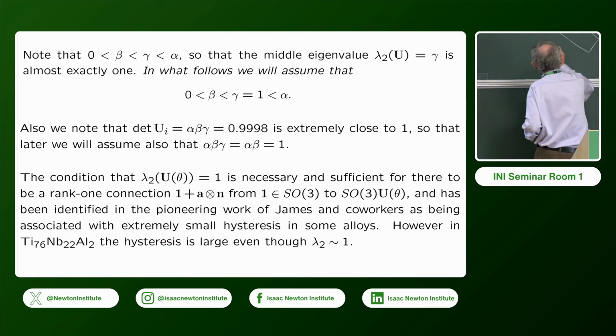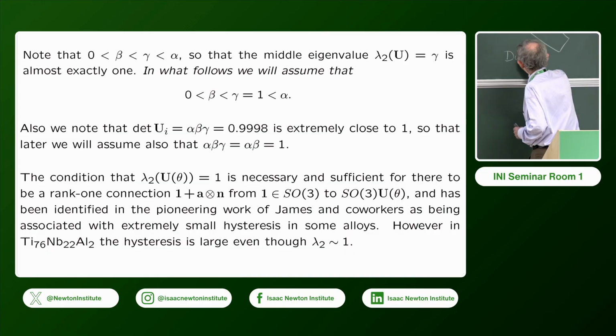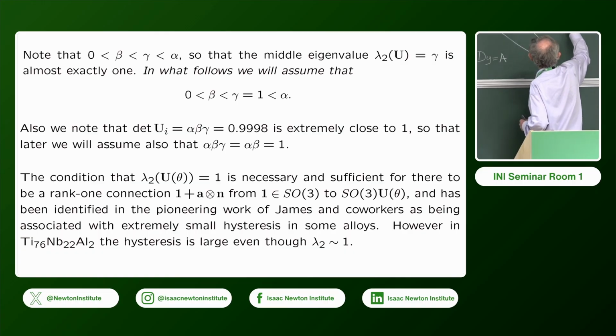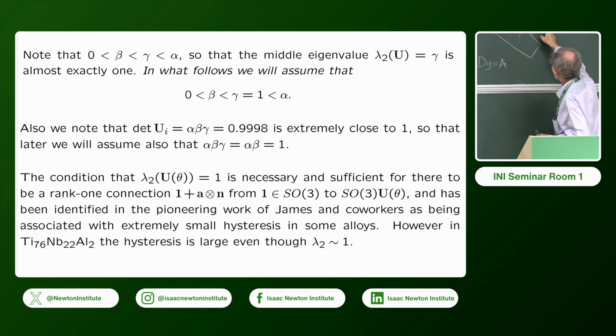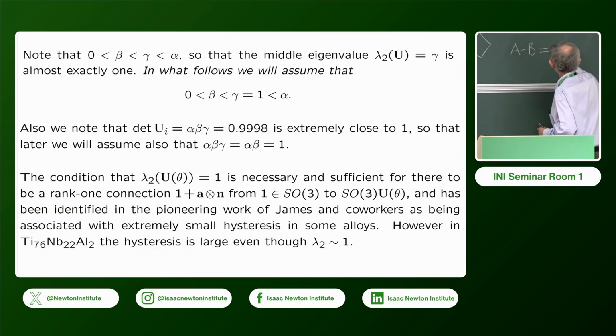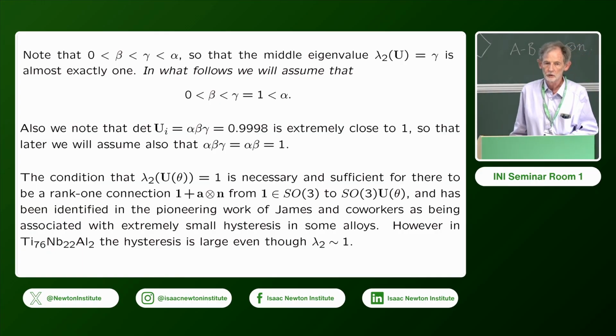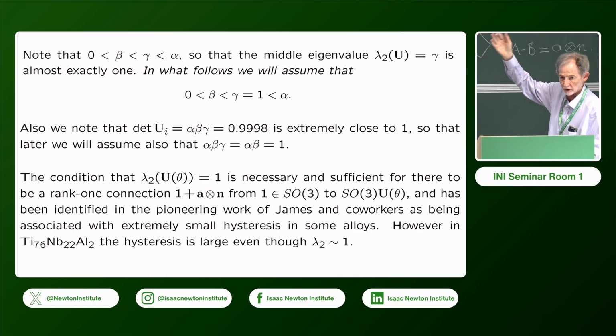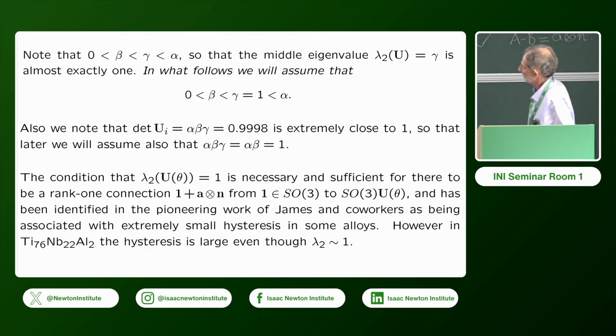So the key thing is that if you have a gradient which has the value A above some plane with normal n, and B, which is another constant matrix, below the plane, then the Hadamard jump condition tells you that A minus B is some vector a tensor producted with the normal. So, this is an essential condition of compatibility for making interfaces between phases.